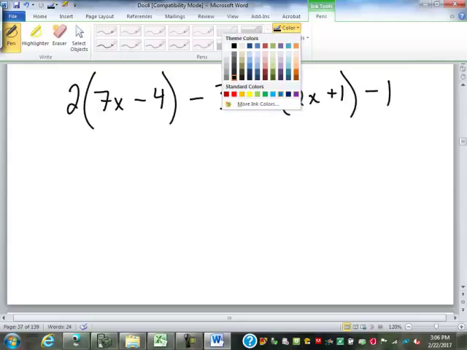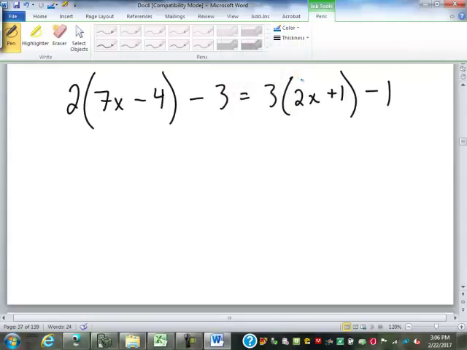So when we look at this one, we see we've got parentheses on each side. So where do we start? Well, as we said before, we can separate each side and work with each side separately.